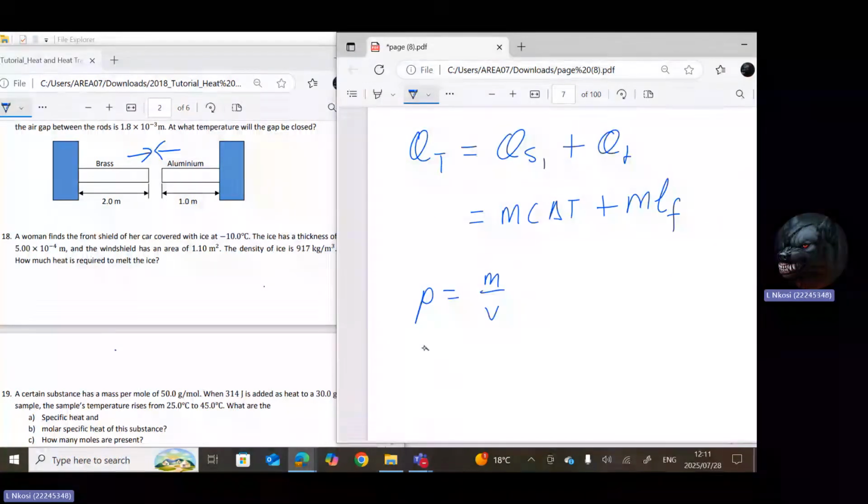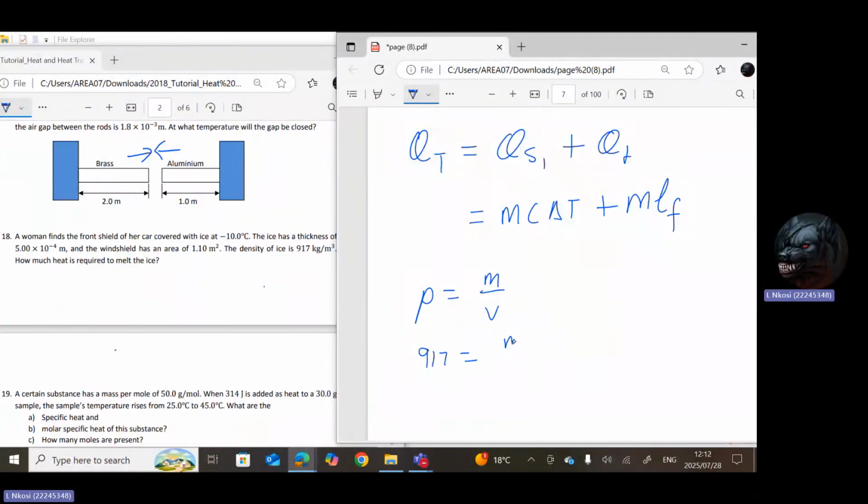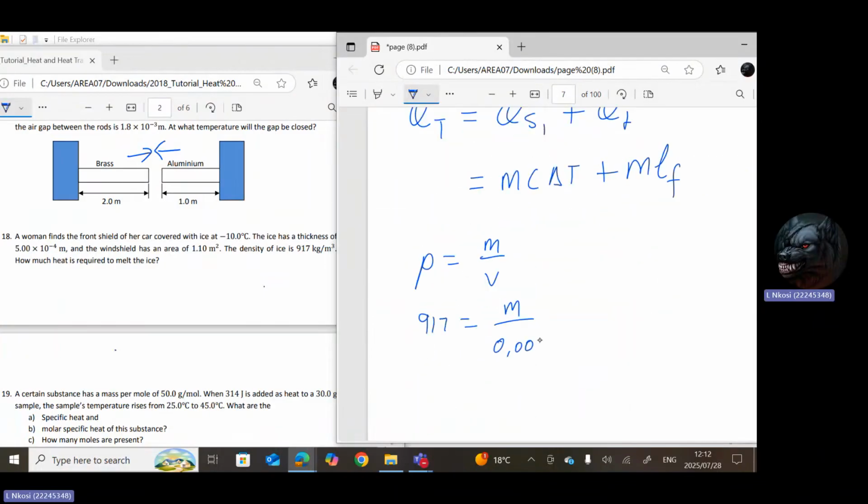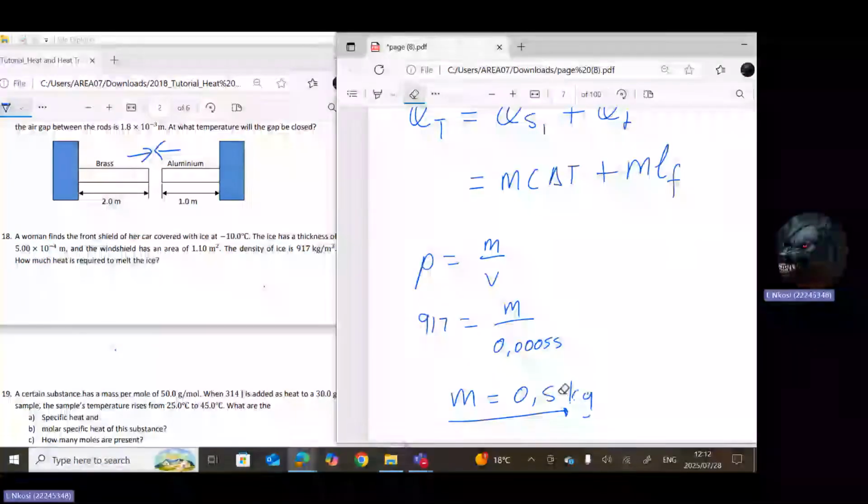The density of ice is 917, the mass of the ice is unknown, and the volume is 0.00055. So what would be the mass of the ice? 917 times 0.00055, which is about 0.5.